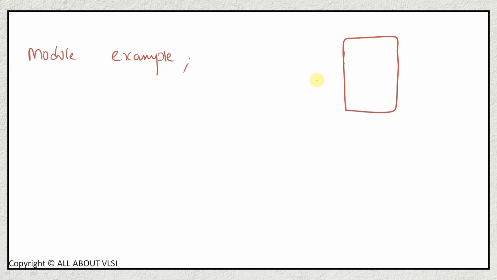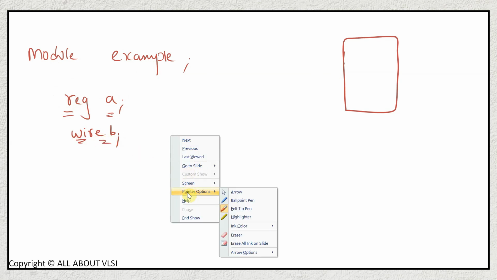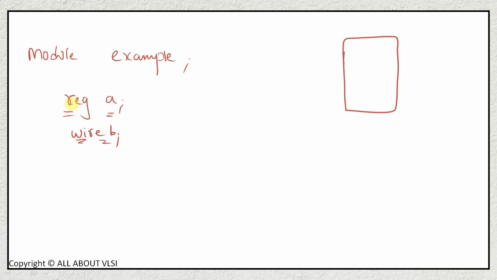Since here we are just simply writing module example, and we are declaring variables reg A and wire B. Please remember, these are your internal variables.